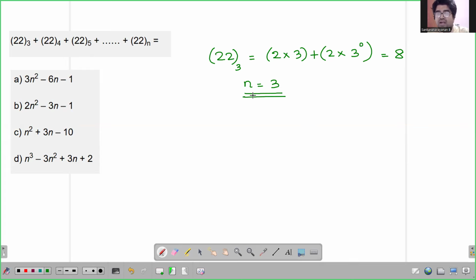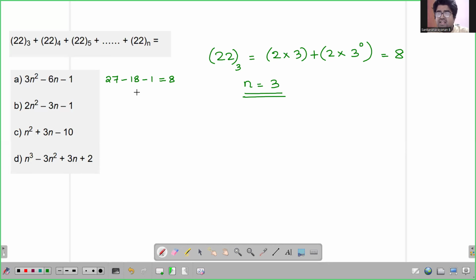But please understand, here n is equal to 3. Okay. Now I'm going to put the value for n as 3 and see which options satisfy the condition. And where I can eliminate the options, I shall do. So you can look at option A, 3n square minus 6n minus 1. n is equal to 3. 3 square is 9, 9 3s are 27, minus 6 3s are 18, minus 1. So 27 minus 18 is 9, 9 minus 1 is equal to 8.